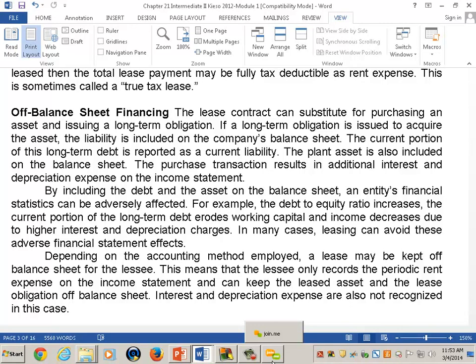Economically, do you own the asset? Do you have a liability? And that will come to be if substantial risks and rewards of ownership are passed to the lessee.